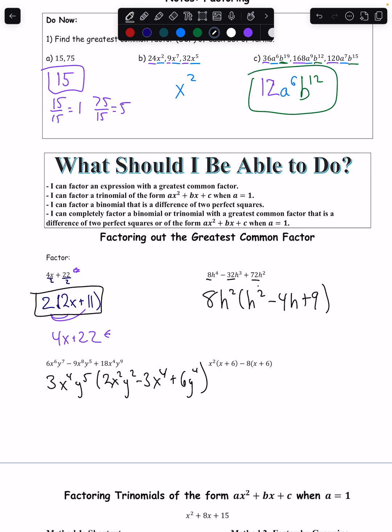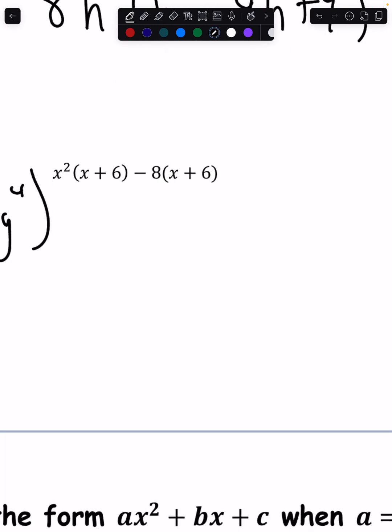Now, this last one is a little bit different than the other two. This involves factor by grouping. The greatest common factor here, let's zoom in on it, I think factors multiplying, is x plus 6, because that's in both parts.